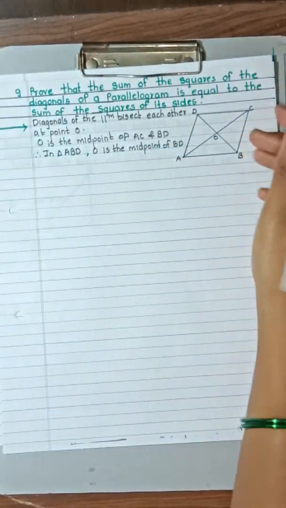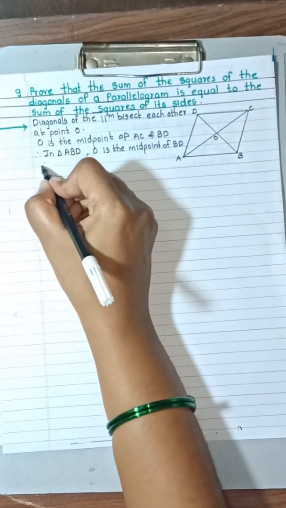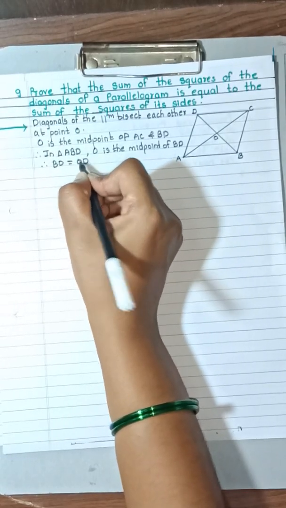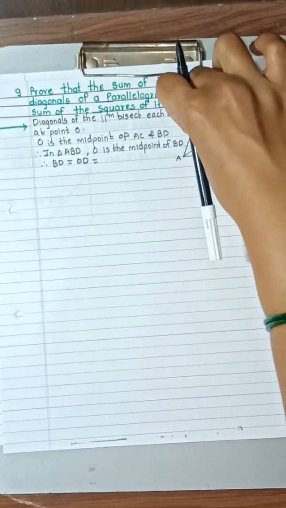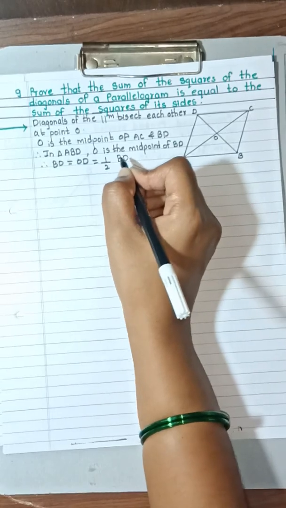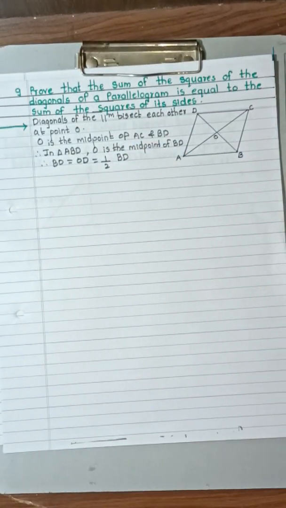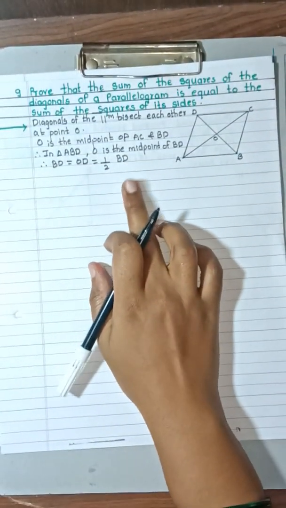Therefore, you can write down here BO is equal to OD, and this BO is equal to OD is equal to half of BD. Got it? It is equal to half of BD.